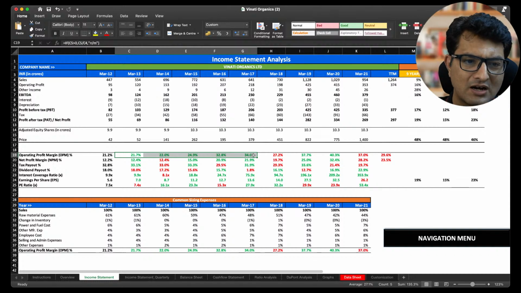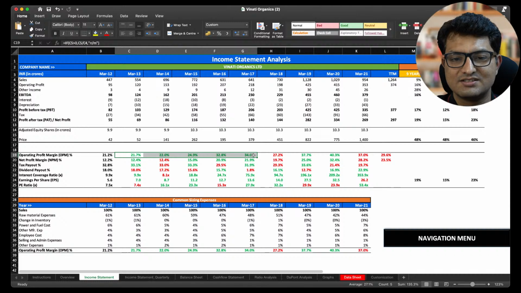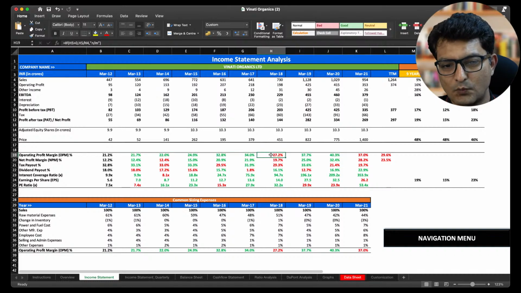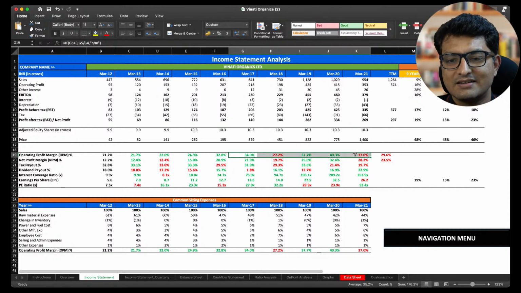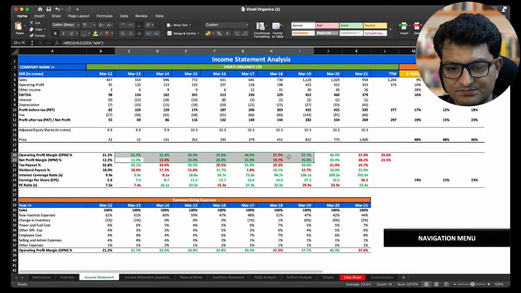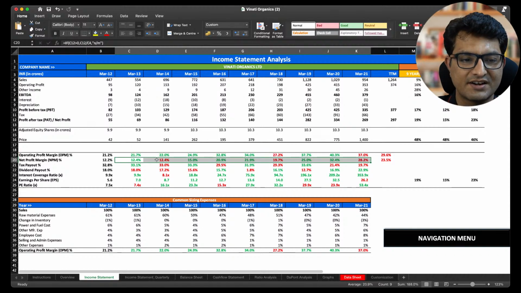If you are able to command more margin, if you are able to leverage your operating leverage, then you are able to increase your margins. So if you see this company, out of 10 years, only 1 year it has dipped. Otherwise, it has been in consistently increasing territory. Same with net profit margin, it will give you an idea whether it is an increasing trend or not.